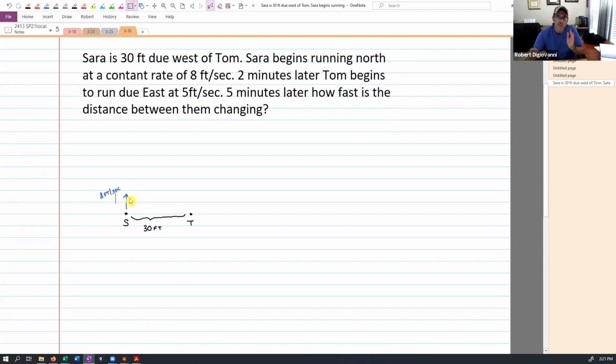So the arrow just represents that she's going to start heading in that direction. Two minutes later, Tom will begin running due east at 5 feet per second. So Tom is going to start going this way, at 5 feet per second. 5 minutes later, how fast is the distance between them changing?